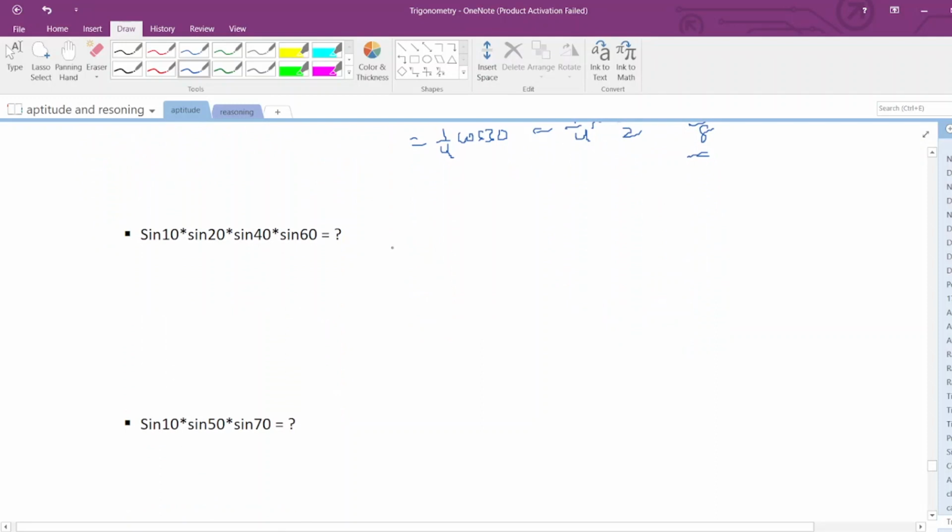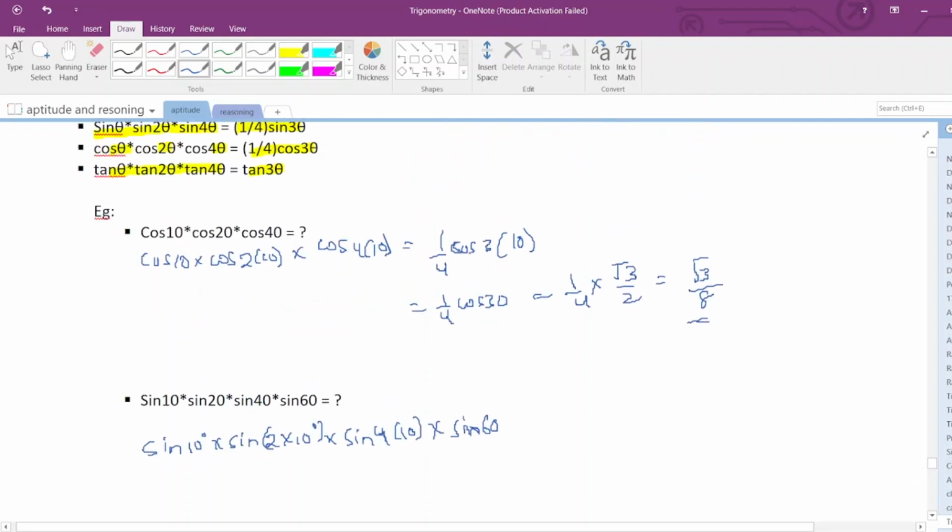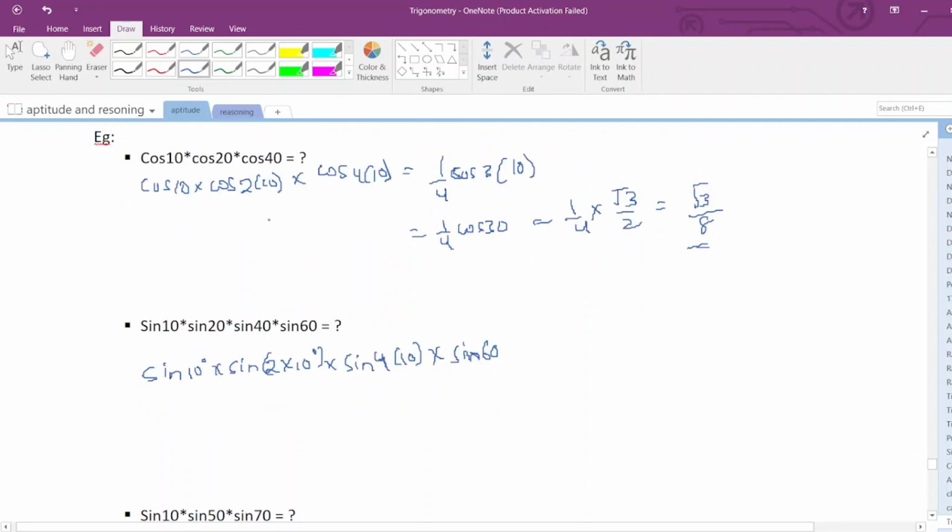In the same way, this is another type of question. They gave four terms actually. First of all, make it sine 10 degrees into sine 20, which is 2 into 10 degrees, into sine 40, which is 4 into 10, into sine 60. Write sine 60 directly at the end, because we know the formula up to 3 terms: sine theta, 2 theta and 4 theta.